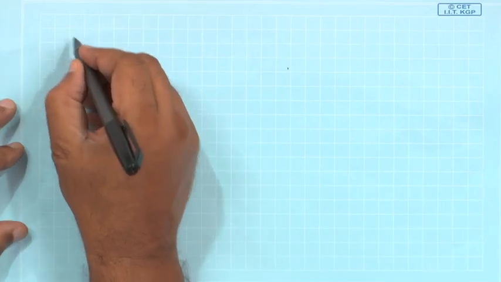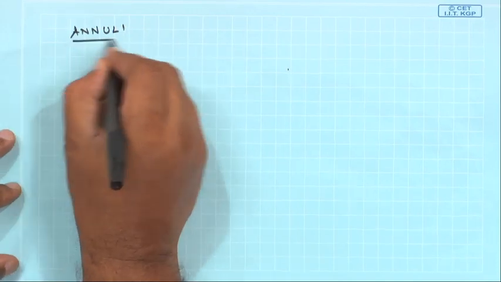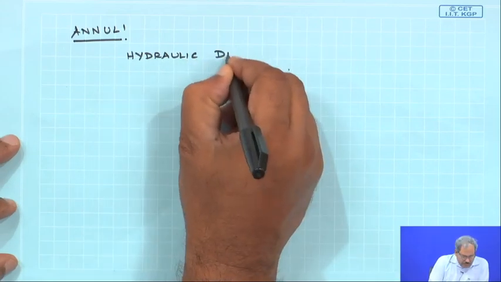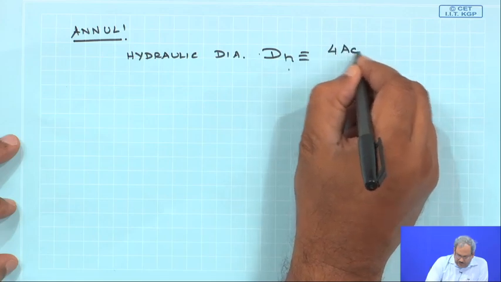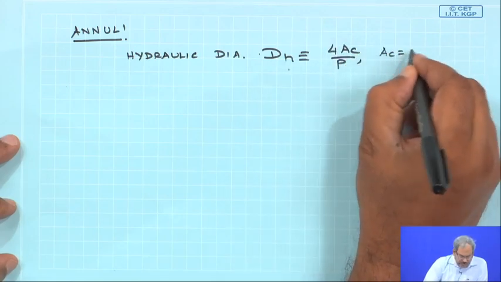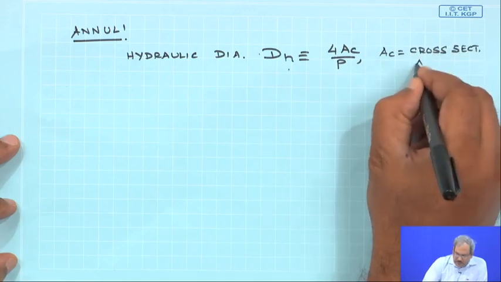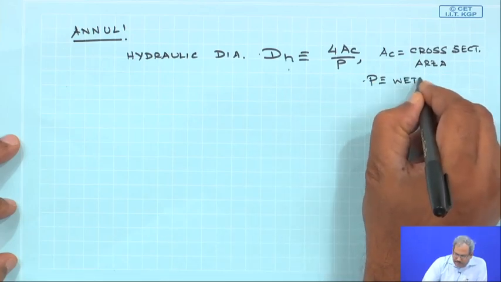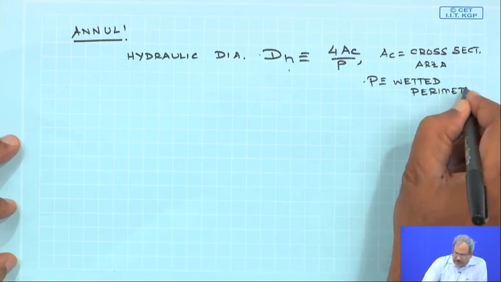In order to find the coefficient for the annulus, you find out the hydraulic diameter, which is d suffix h and is defined as 4 A c by P. So, A c is the cross sectional area for flow of the liquid and P is the wetted perimeter of the annular region.